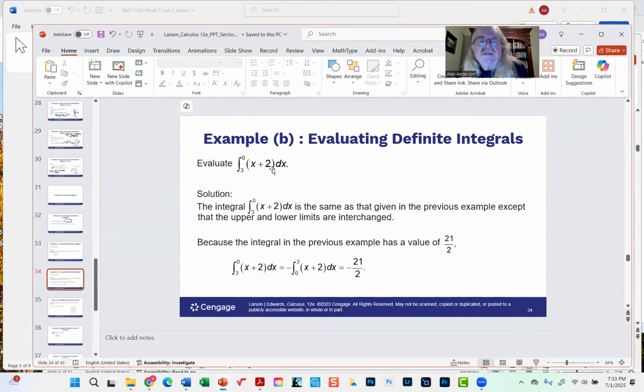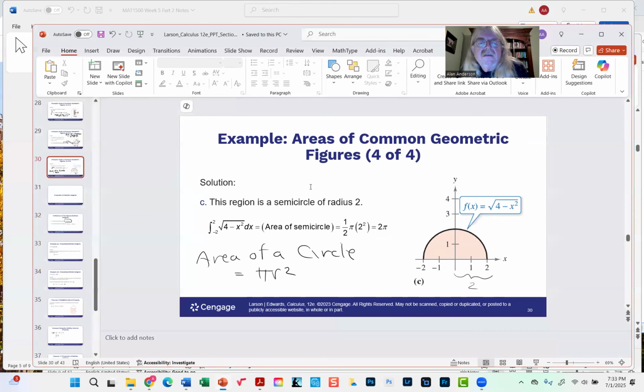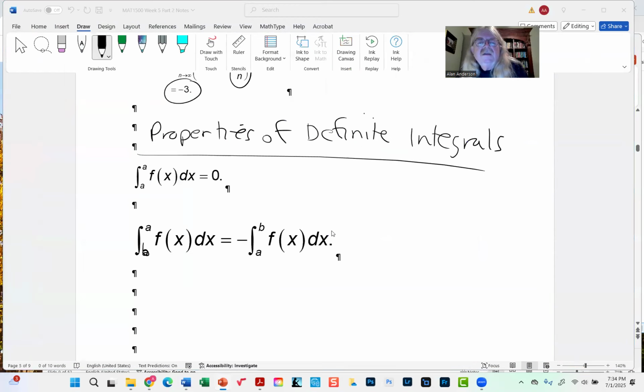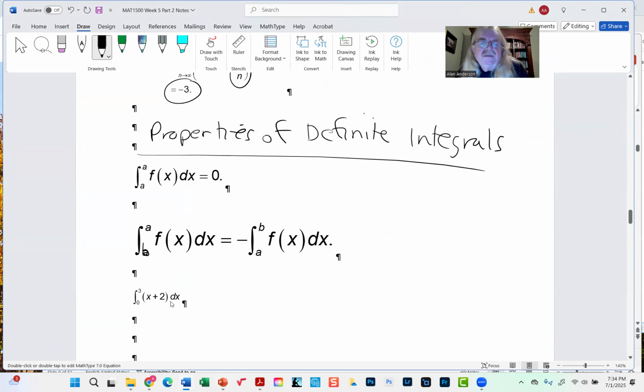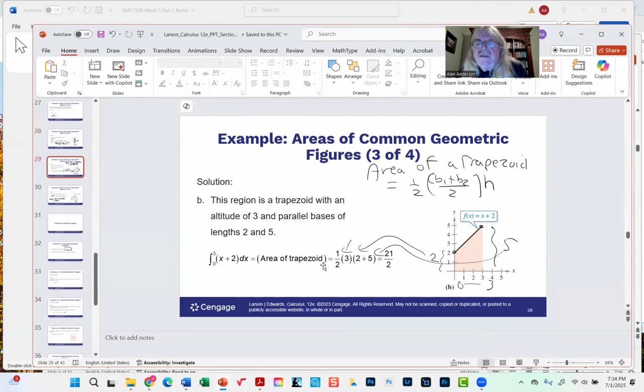So this is interesting. Remember before, this one, we discovered using geometry, basically, that the area is 21/2.